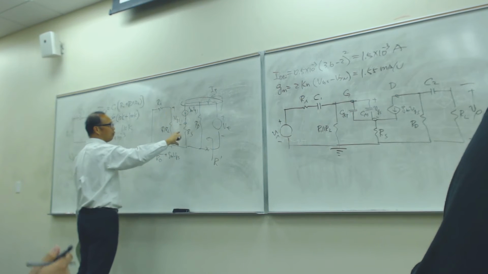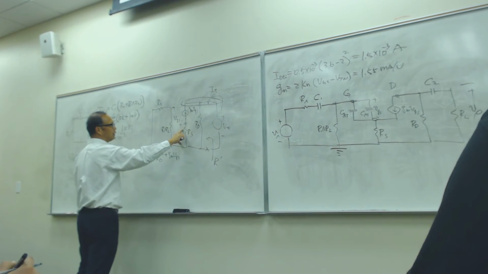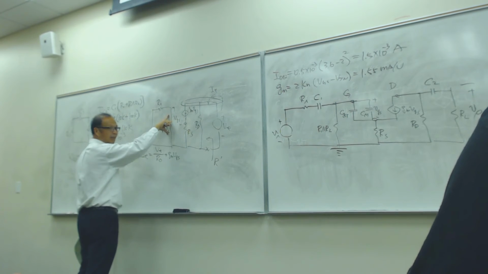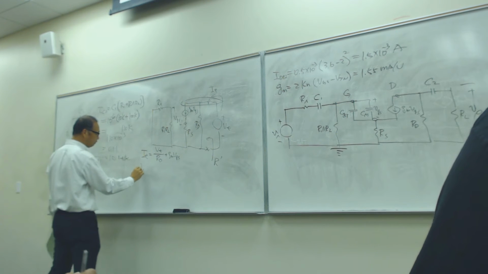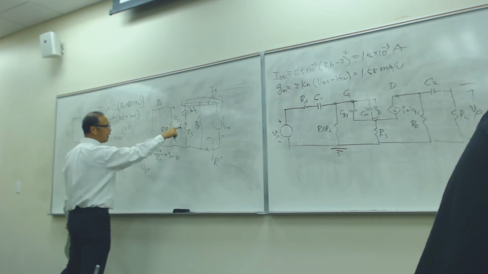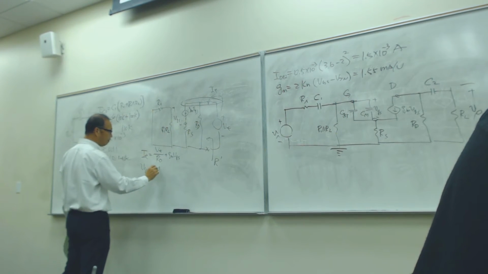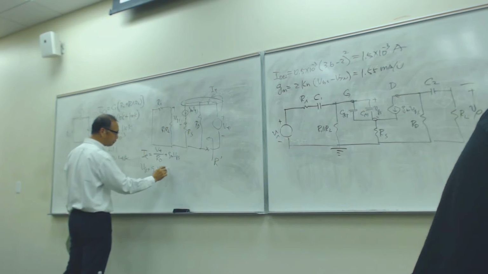This plus that is equal to what? 0. This plus that is the same as that, right? And there's no current. So it must be 0, right? So VGS plus that, which is Gm VGS R sub S, must be 0.